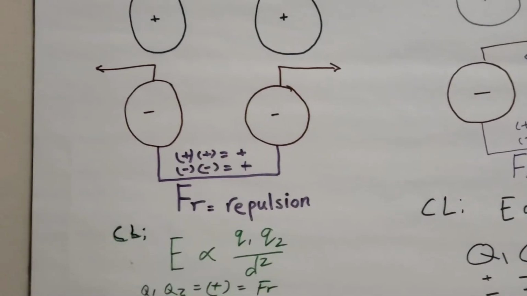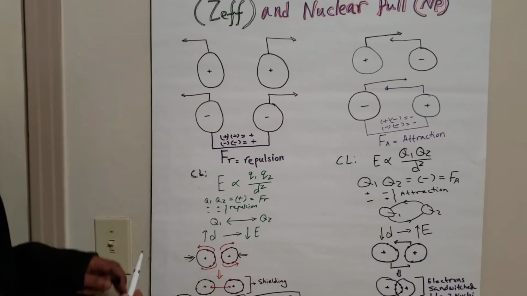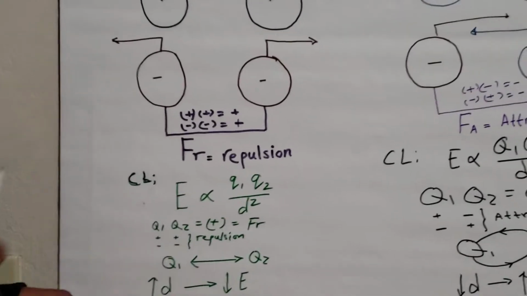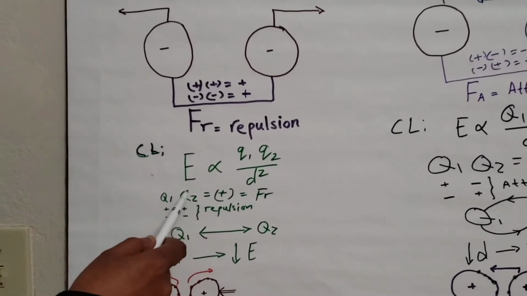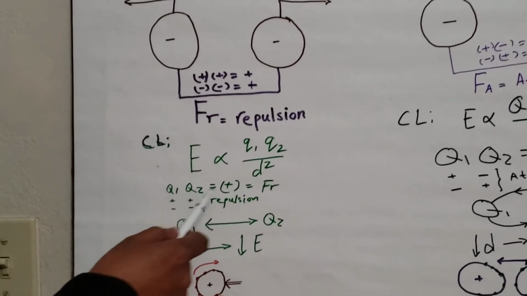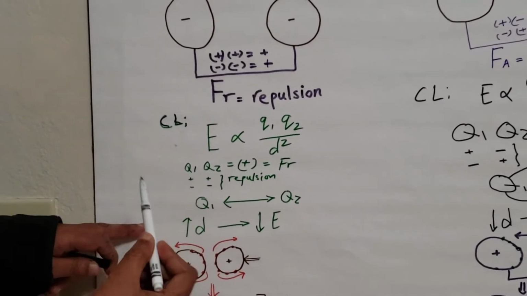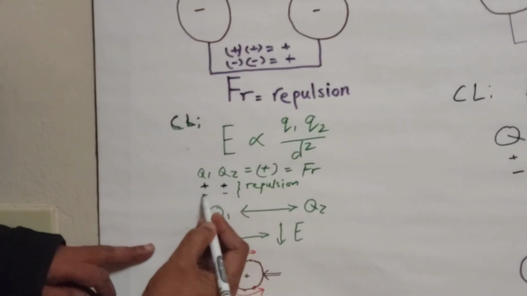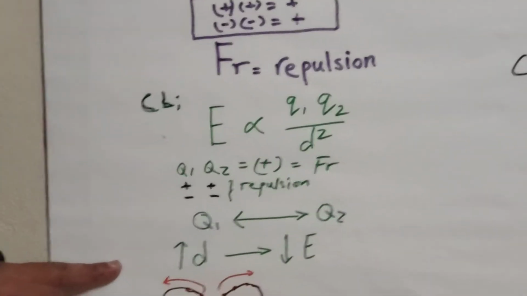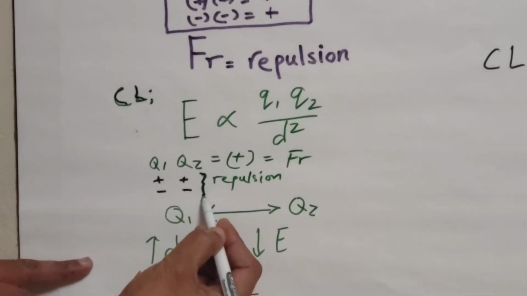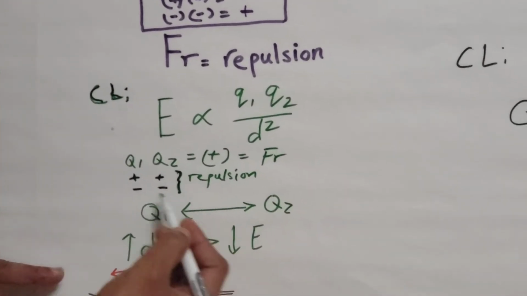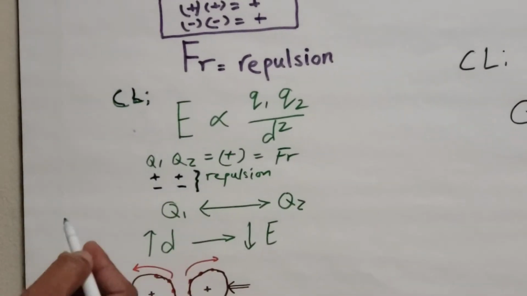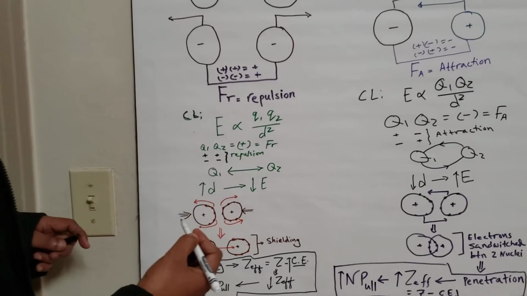In the case of the same charge, the product of Q1 and Q2 is positive, because Q1 and Q2 are either both plus or both minus. Because of this, they will repel each other. The relationship is repulsion.